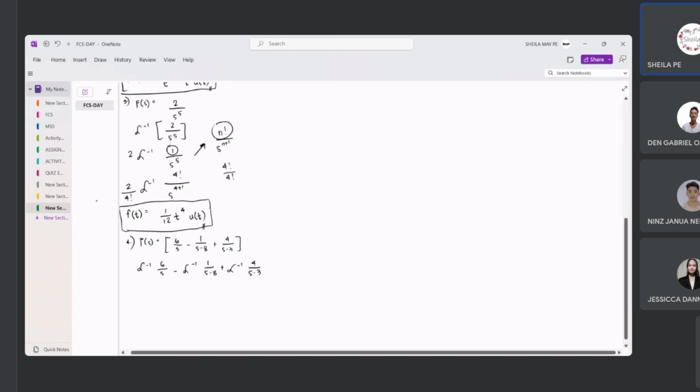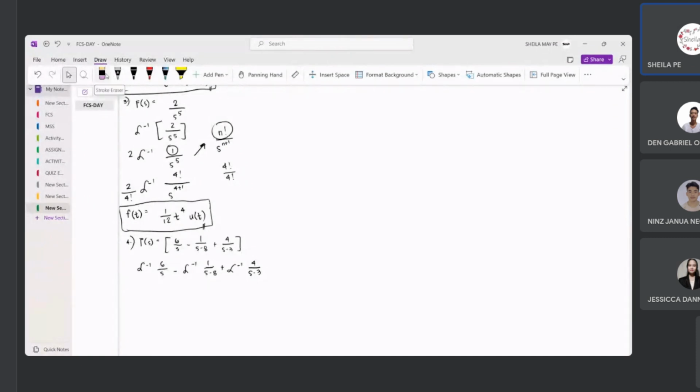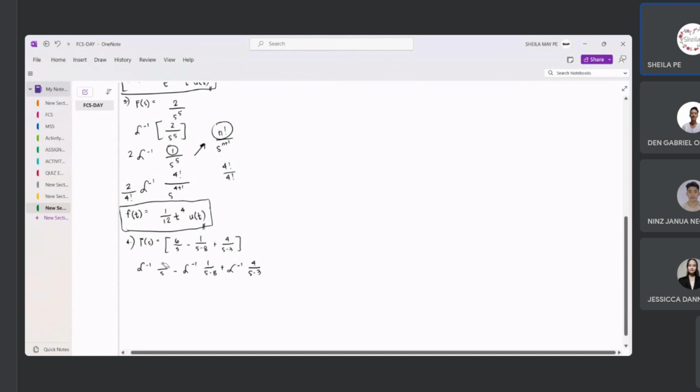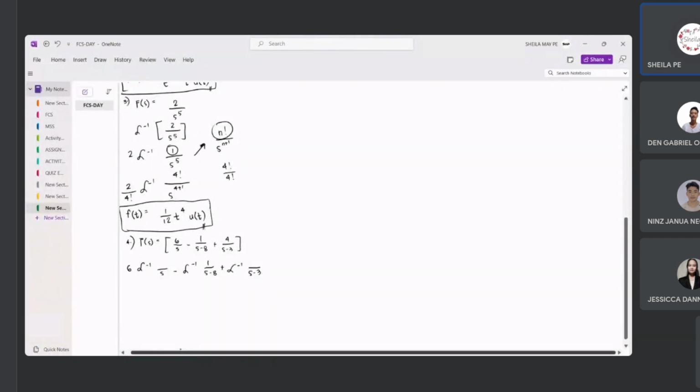So the inverse Laplace of 6 over s: take out the 6, and 1 over s remains, so the inverse of 1 over s is 1.